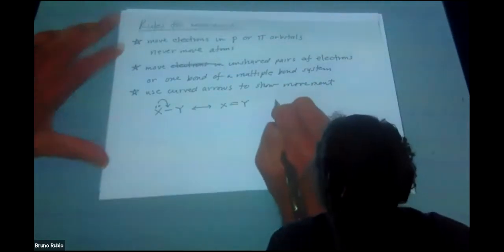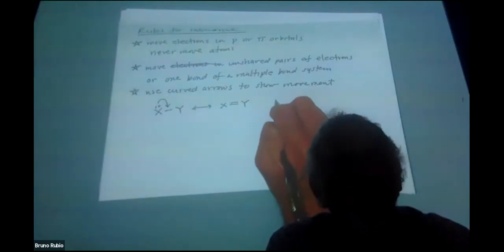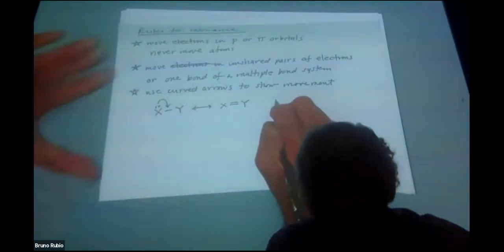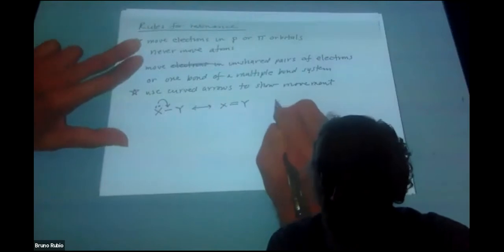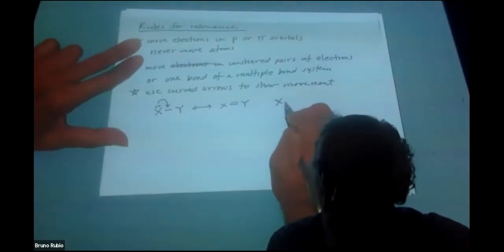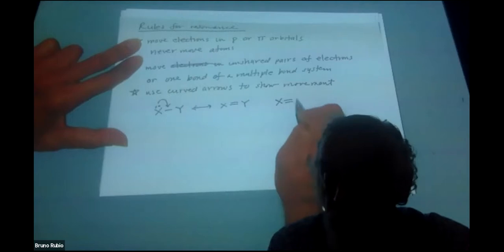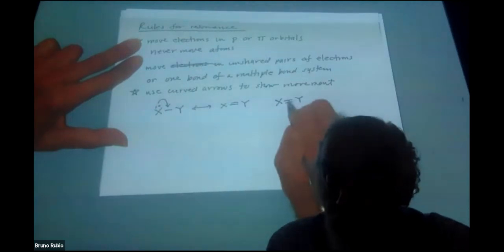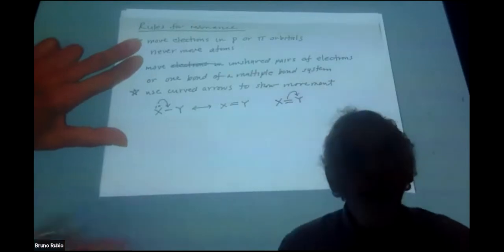Another common motif would be the movement of one bond of a multiple bond system. So it might be maybe something that looks like this. There's a multiple bond. And now what I'm going to do is move that one bond of that multiple bond system.